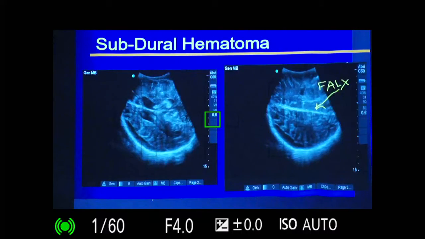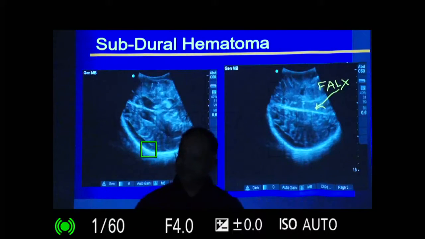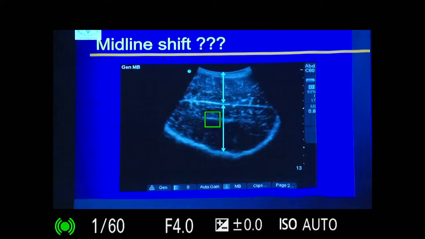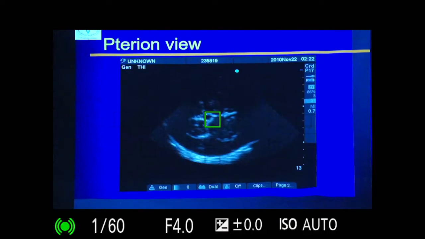Now when this is seen in patients in whom the bone is removed, can we see anything when the bone is intact, like all of us? Yes, we can. This is again with the bone removed, but here if you use the convex probe, the small cardiac probe, you put it on the temporal bone in the horizontal manner, you will get this image.